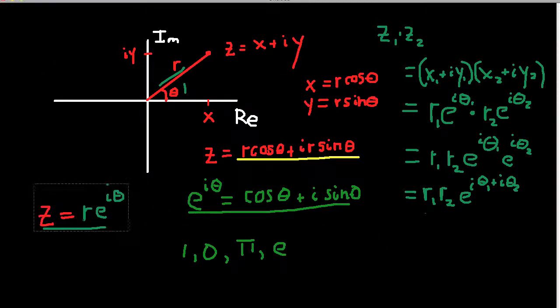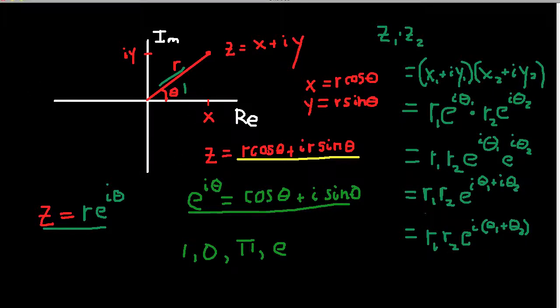And this further reduces to r1 times r2 times e to the i times theta 1 plus theta 2. So this says that when we multiply two complex numbers, we multiply the radius terms, or the modulus terms, and we simply add the angle terms for each number.